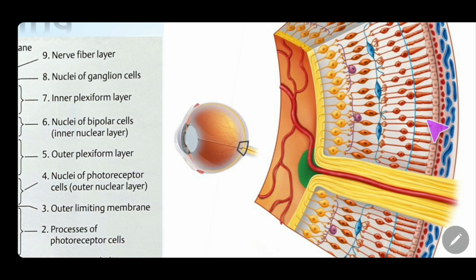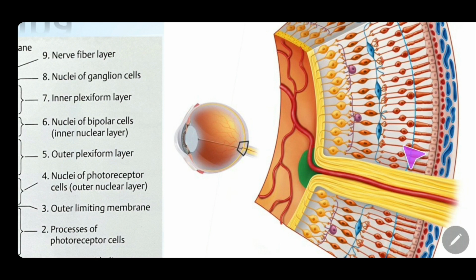Here you find the second layer. The second layer is made up of rods and cones. These rods and cones are peripheral modifications of these cells. Now these are the cell bodies of the rods and cones. These cell bodies form the outer nuclear layer, which is the fourth layer, right?